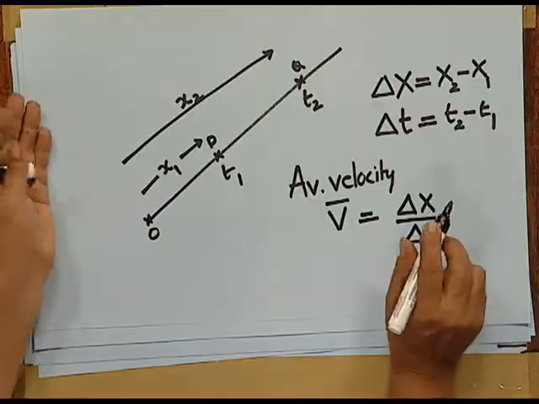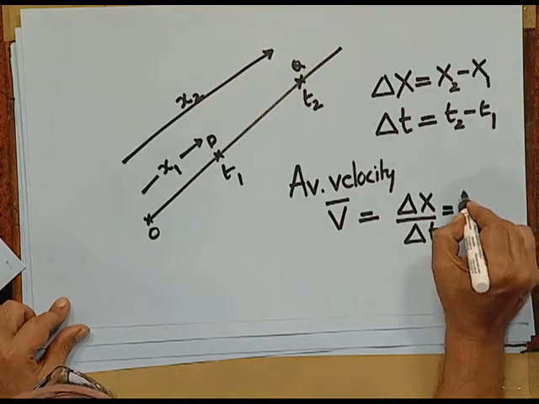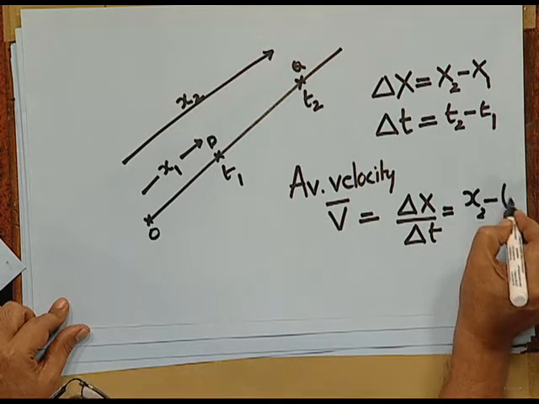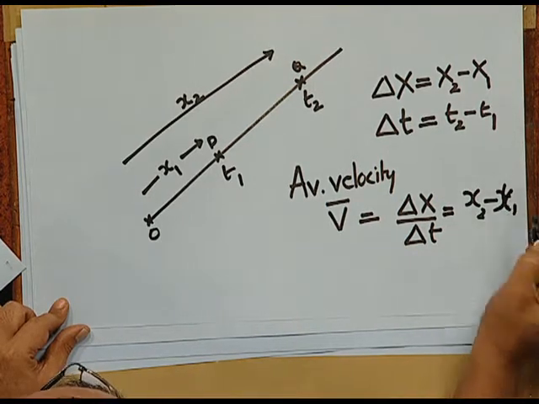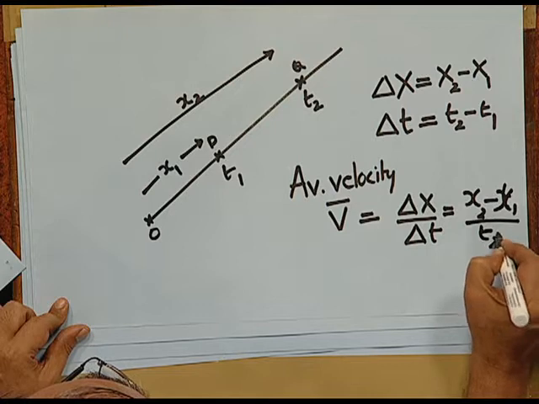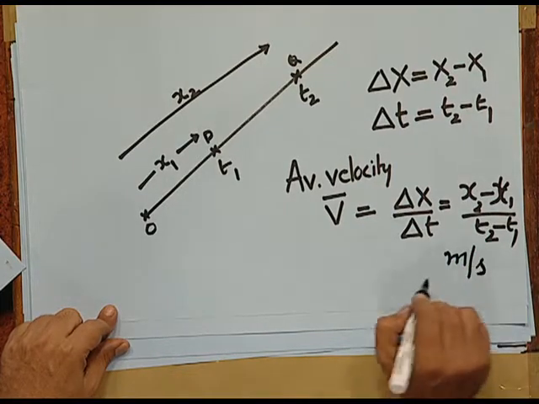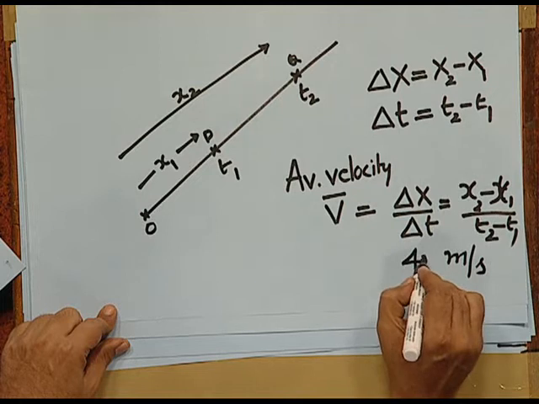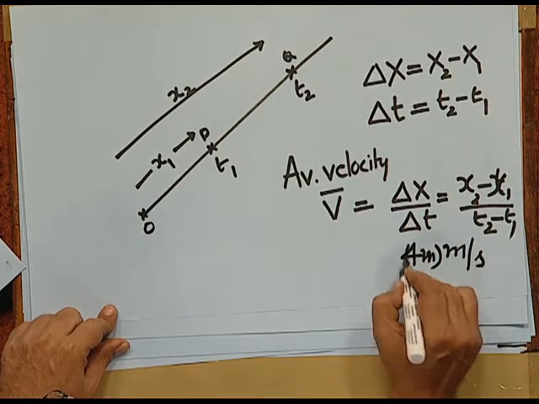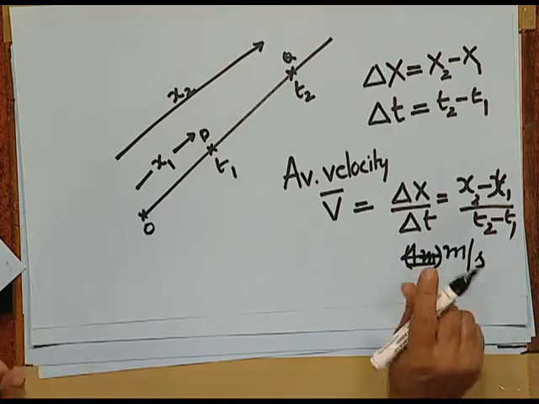So, the average velocity in the interval t1 to t2 is x2 minus x1 by t2 minus t1. The unit of average velocity is simply meter per second in SI unit. For example, when we say an object is having 4 meter per second as its velocity, what we mean is in every second interval of time, the displacement is 4 meters.